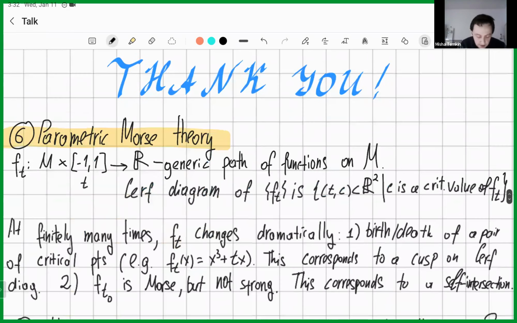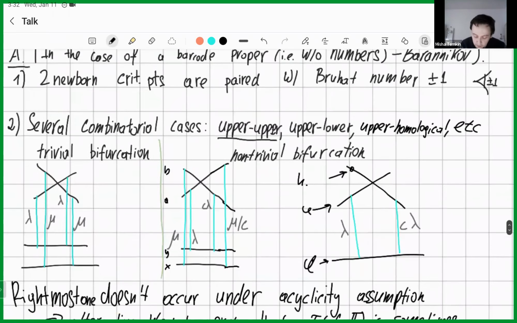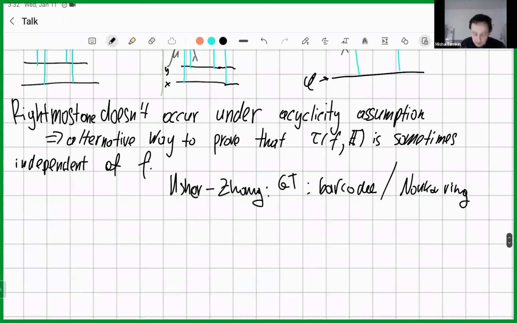If instead you have a complex over the Novikov ring, then there is a procedure described by Usher and Zhang which associates a barcode to this complex. Surely there's an actual question of whether there are any numbers on these barcodes. This is a work in progress; I'm trying to understand if there is.